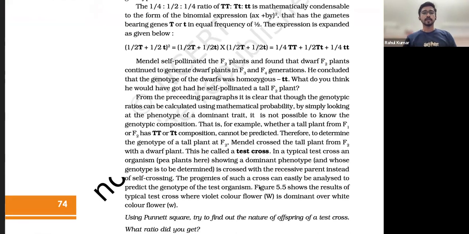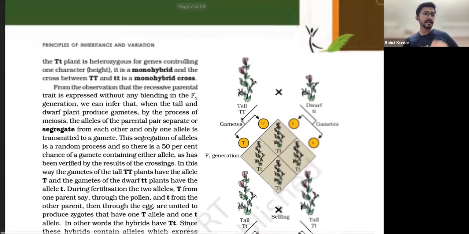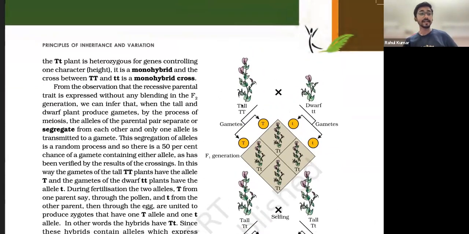When Mendel was doing these crosses, I'll give you a quick 2-minute backstory. There are many questions that arise from the cross. No one of you asked, how did Mendel know to begin with? We very conveniently started the cross saying let us cross capital T, capital T with small t, small t.